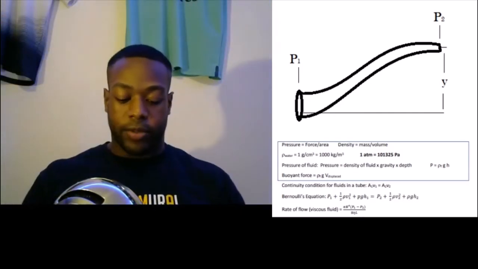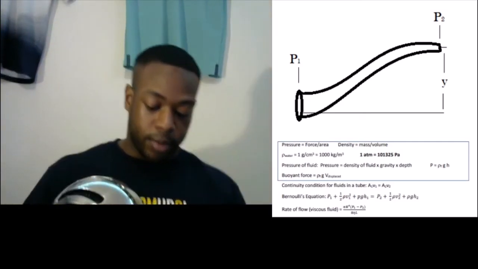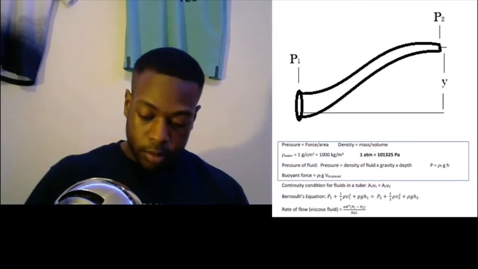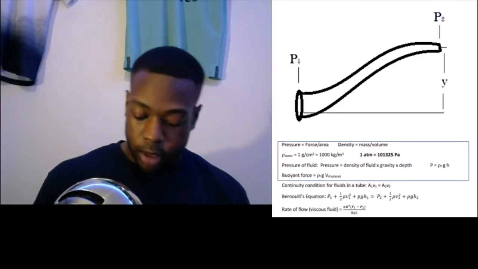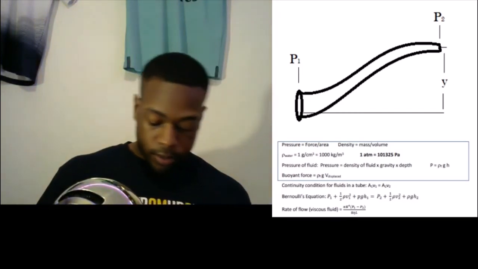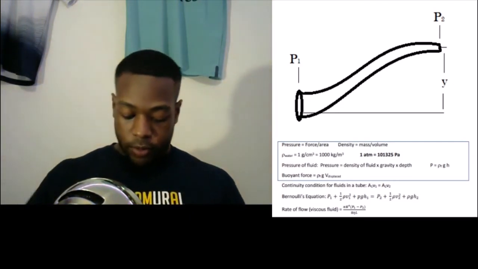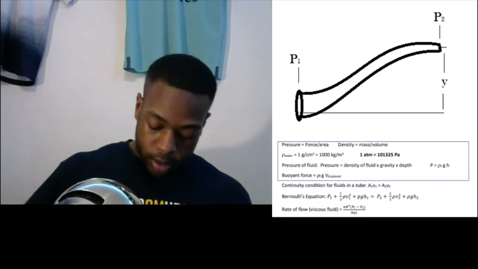So let's simplify this some more. 500 V1 squared plus 0.5 times 1,000 times 6.25 V1 squared.